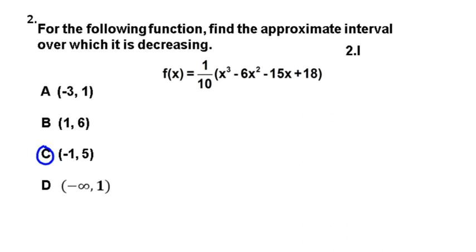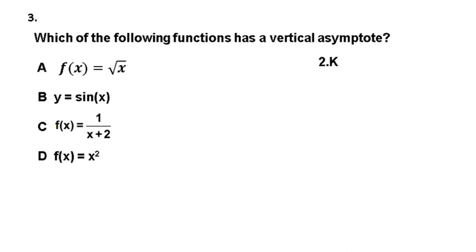Next, 3. Which of the following functions has a vertical asymptote? Well, I'm not even going to graph this in the calculator. Your square root of x function is like this. Your sine x function, we already saw that. Sine x is like this. No vertical asymptote. x squared is like this. No vertical asymptote.